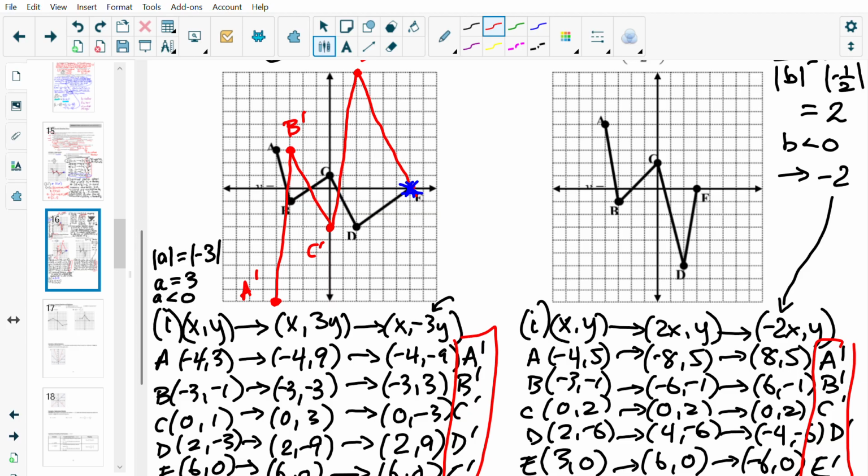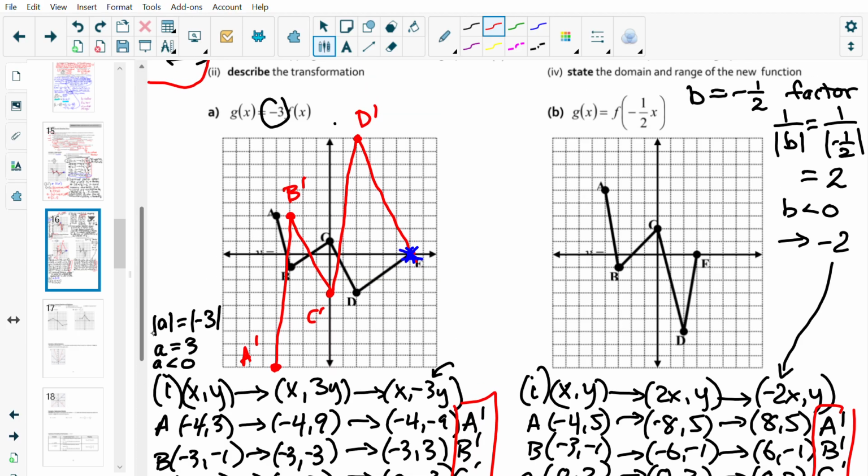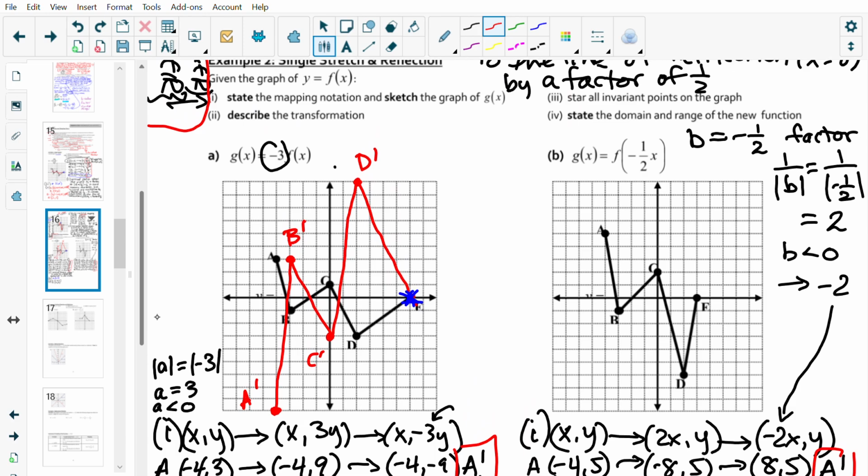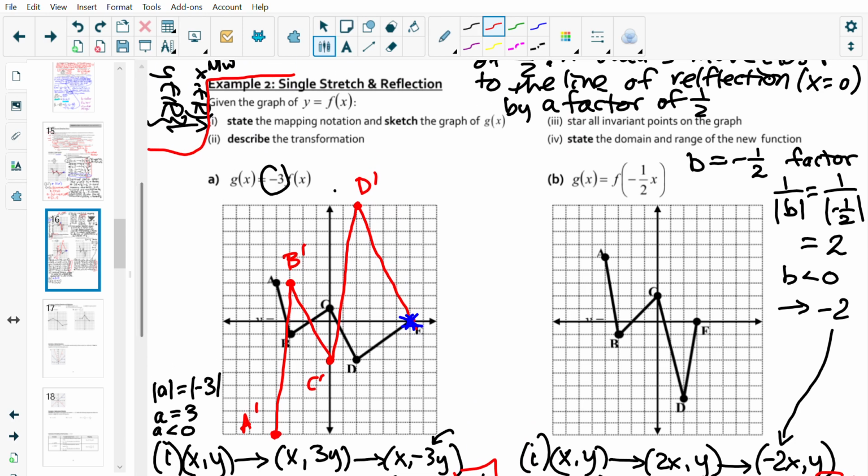And remember, these are the coordinates of the new transform function. So I'm going to plot these. 8, 5. Okay, it's A prime. B prime is 6, negative 1.